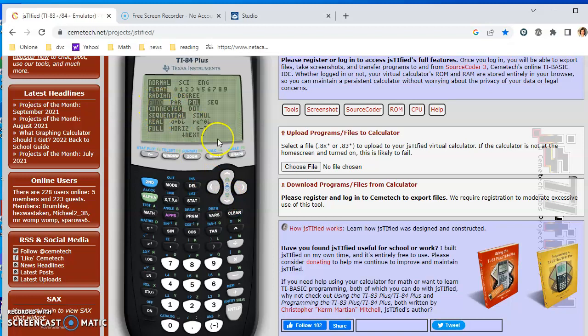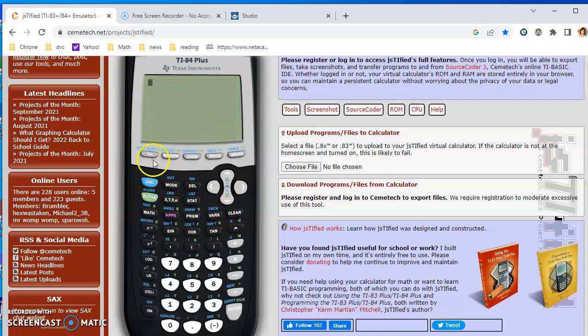Function mode means rectangular coordinates. You want to cursor to the right side until it's blinking on POL for polar. And then press enter to select polar mode and exit with second mode, which is quit. So make sure that you select polar and also radian, and exit out.